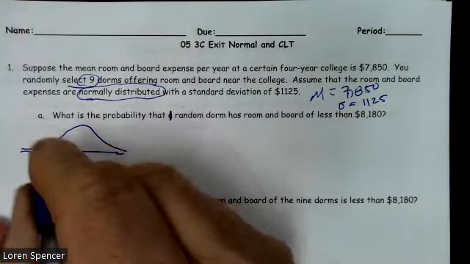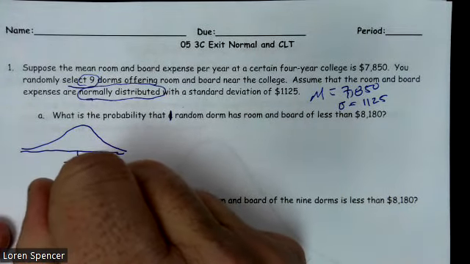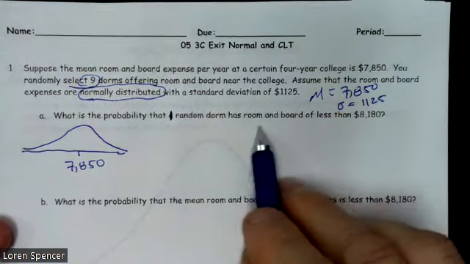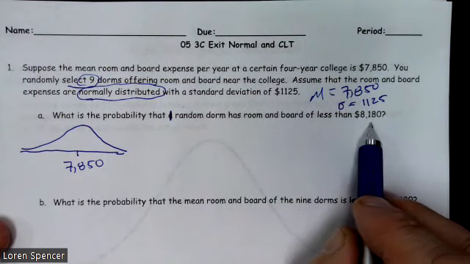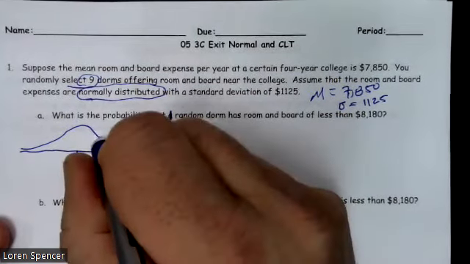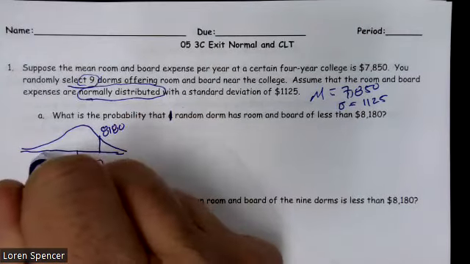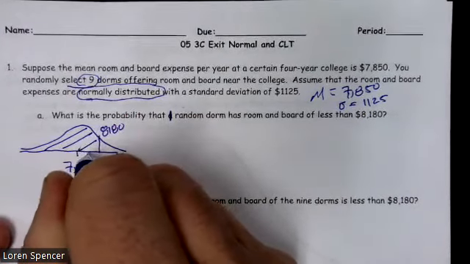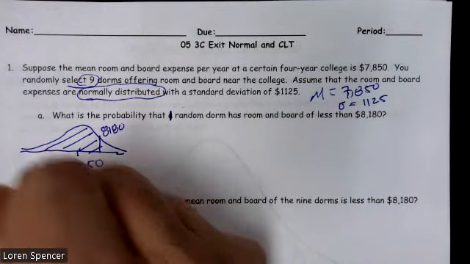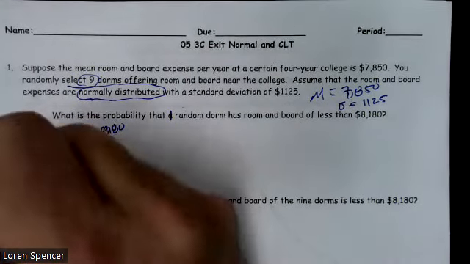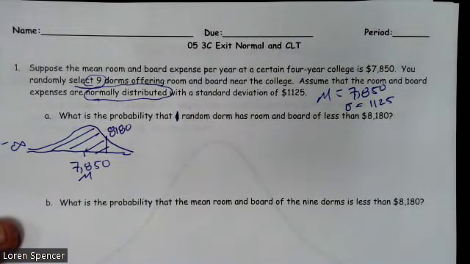All right, our mean is 7,850 and less than 8,180. Well, 8,180 is over, but it says less than. So we're going to negative infinity.